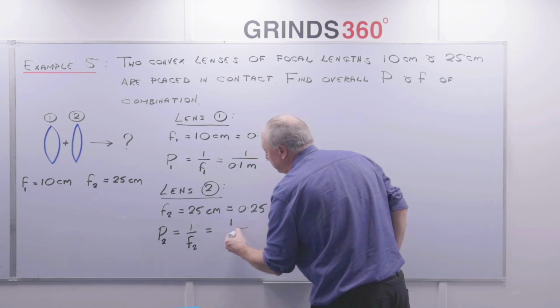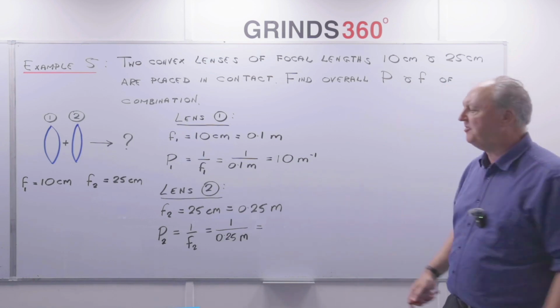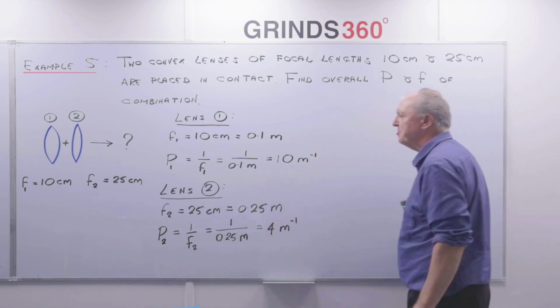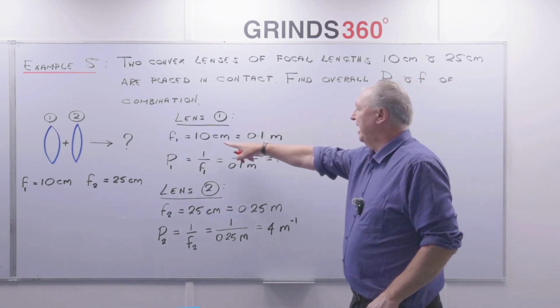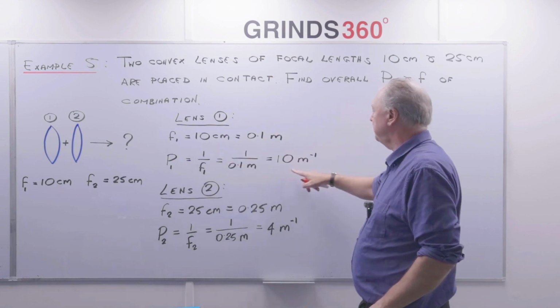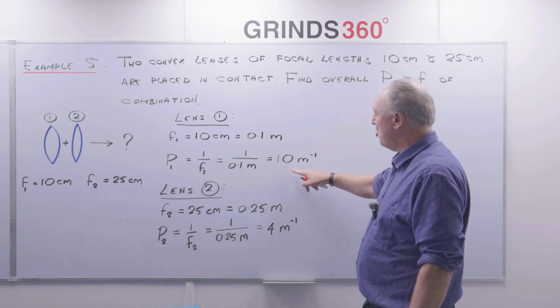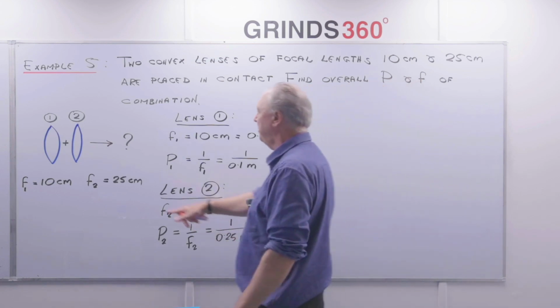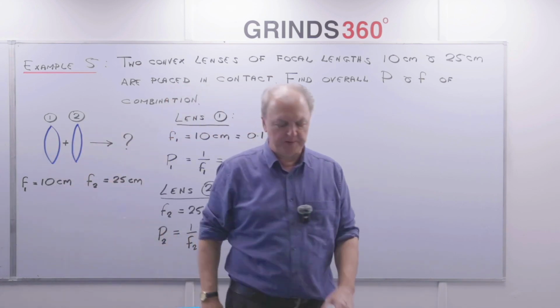So it's 1 over 0.25 meters. Put that into your calculator, do it in your head, and I get 4 per meter. So it kind of makes sense, doesn't it? If the focal length is 10 centimeters, power is 10 per meter. And that's more powerful than lens number 2, which is only 4 per meter. So you can see number 1 is thicker and number 2 is thinner.